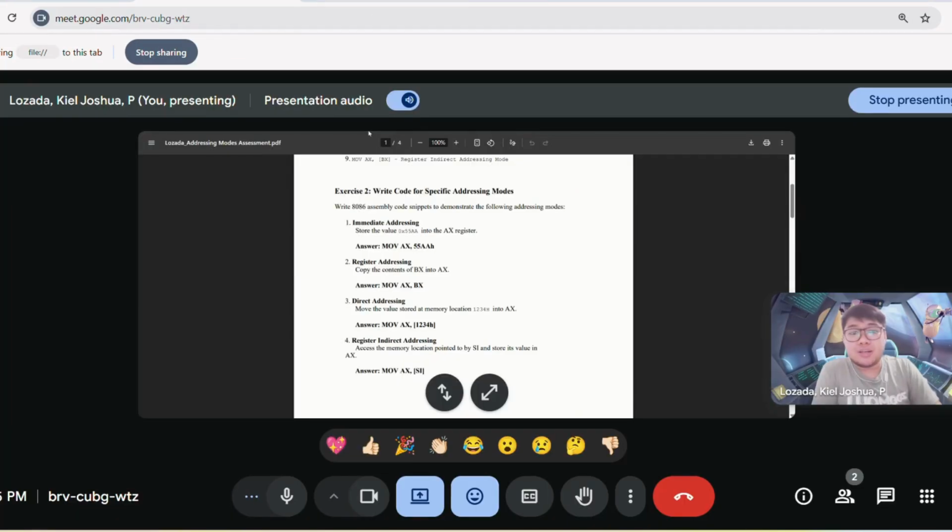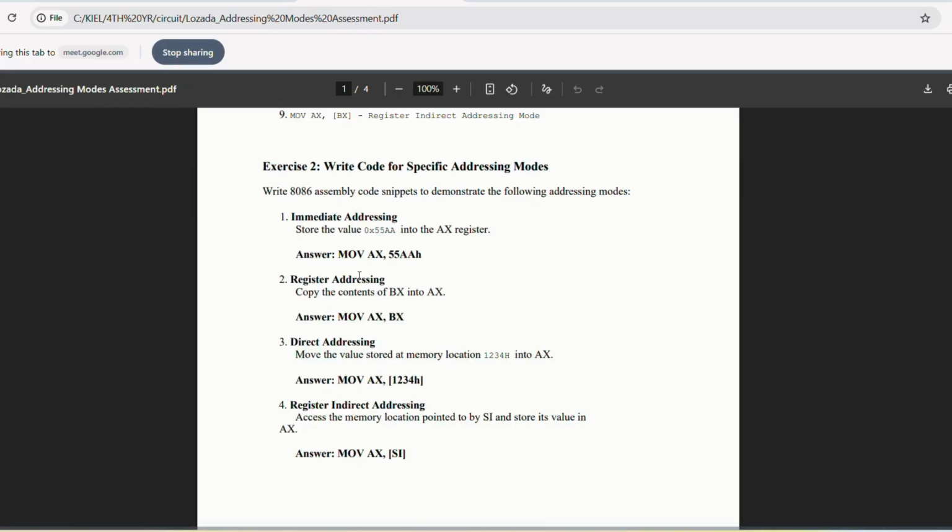Then for exercise number 2, write code for specific addressing modes. Write 8086 assembly code snippets to demonstrate the following addressing modes. So for number 1, immediate addressing: store the value 55AAH into the AX register.